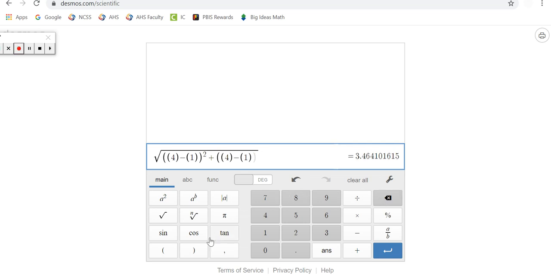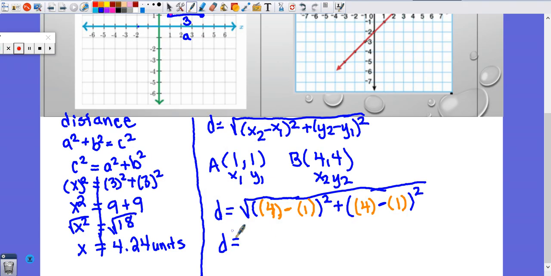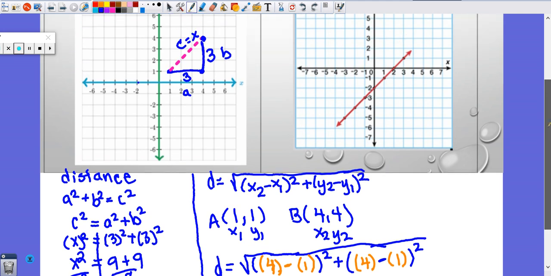That shouldn't be squared. Close the parentheses, and now we're going to square it. And we get the same answer, 4.24. So that means my answer here is 4.24 units. Okay, and you choose which way you want to do. You decide. All right, let's go on to the next thing.